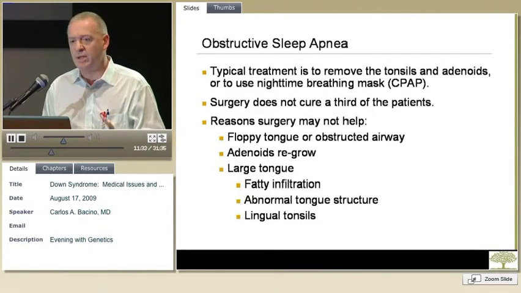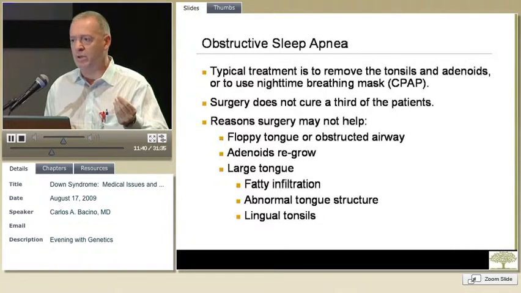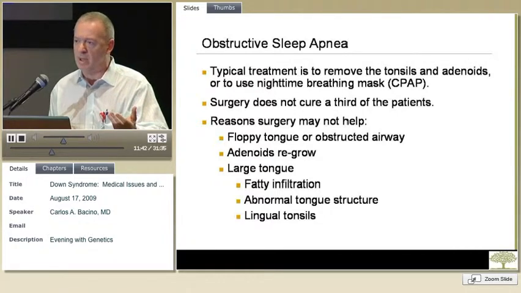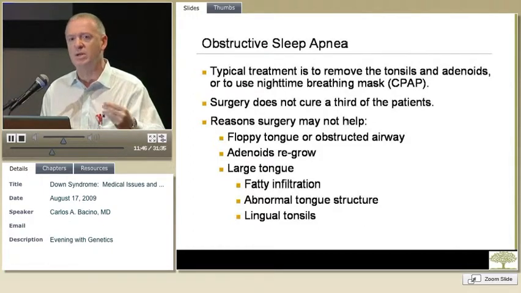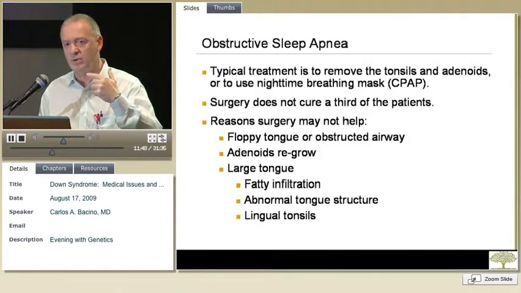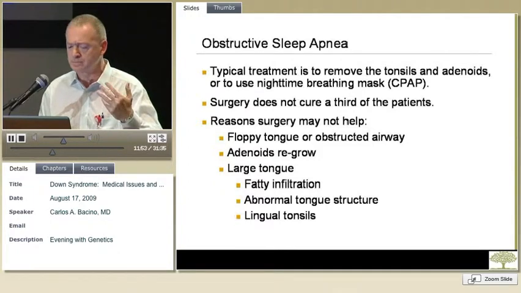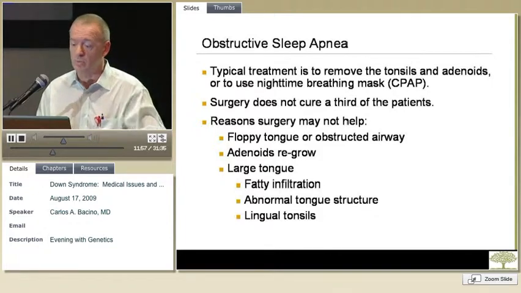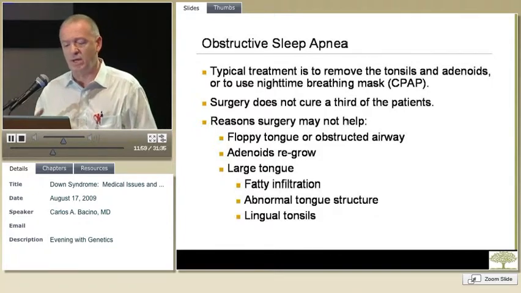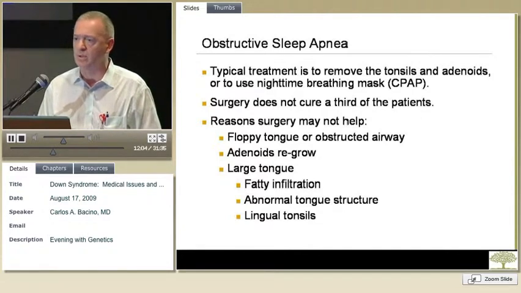Well, you basically need to improve the passage of the air through the airway. And if this problem appears, the first thing you do is get an evaluation with an ENT specialist. You can look at the presence of perhaps enlarged adenoids or tonsils, and an easy way to fix it is just to remove them. If this doesn't work, another possibility is using something called a CPAP.